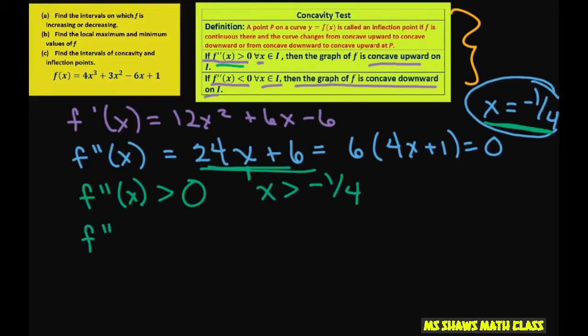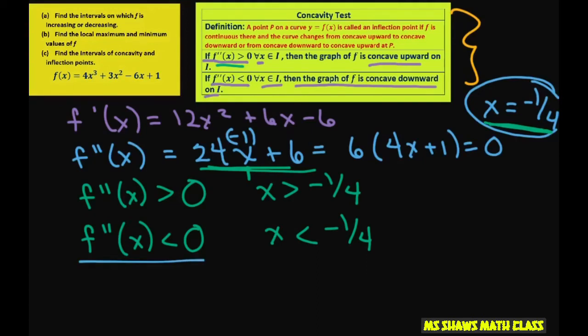For it to be negative, I have to make my x less than negative 1/4. So I'd plug in negative 1. If I plugged in negative 1 here, that would give me a negative. So what this means is for it to be positive, x greater than negative 1/4, that's concave up. And for this one, that's going to be concave down.